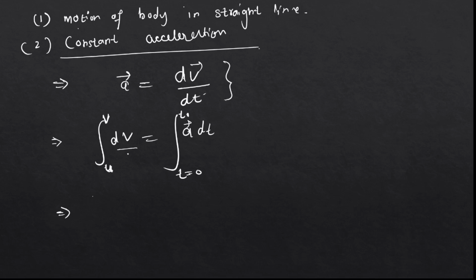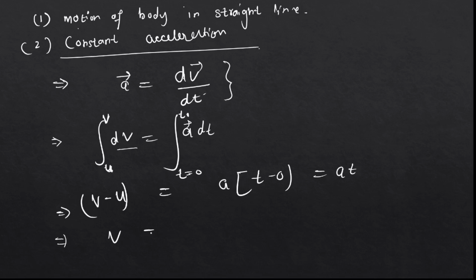This is a very basic thing you may be aware of: final upper limit minus lower limit. So it would be v minus u, which will be equal to a times t minus 0. So it will be at. From here, v is equal to u plus at.